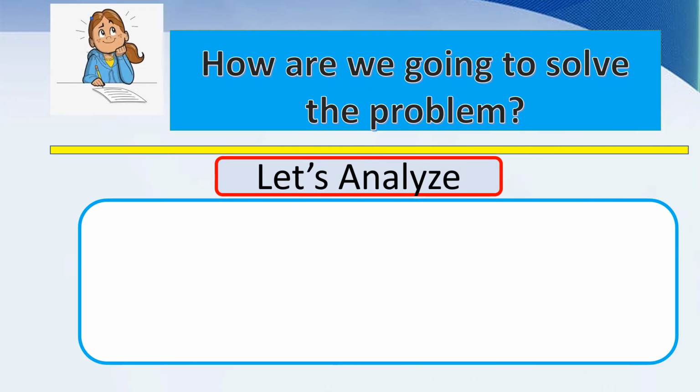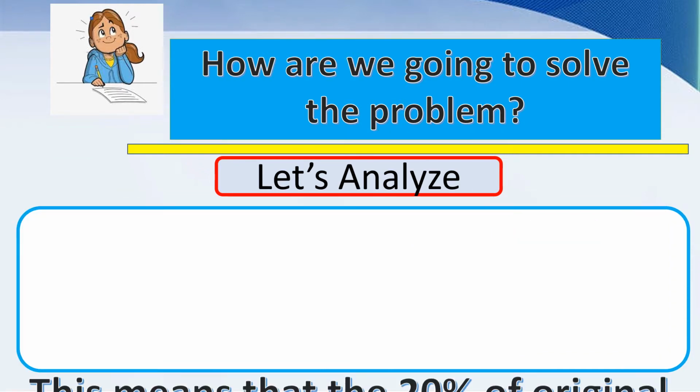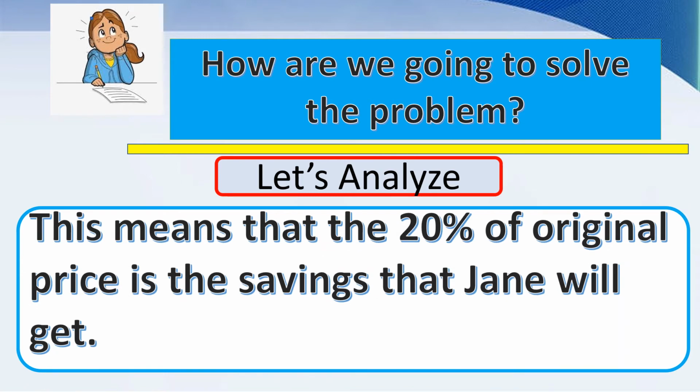How are we going to solve the problem? Let's analyze that the price of the shoes is 20% discount less than the original price. This means that the 20% of original price is the savings that Jane will get.